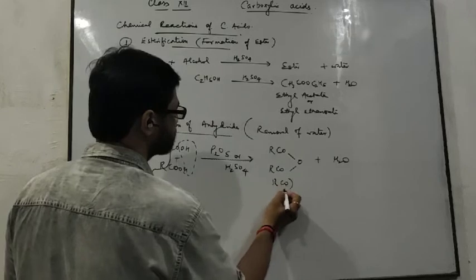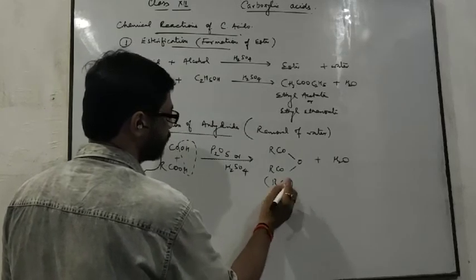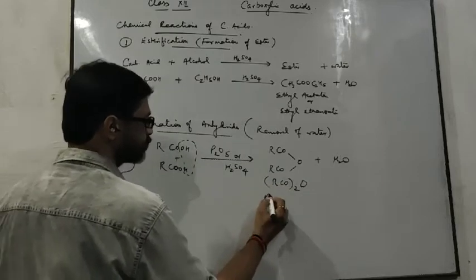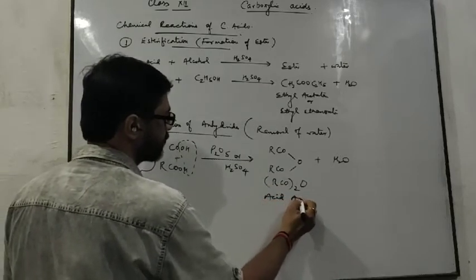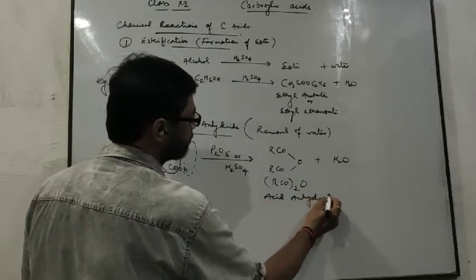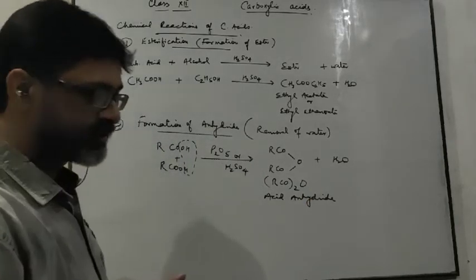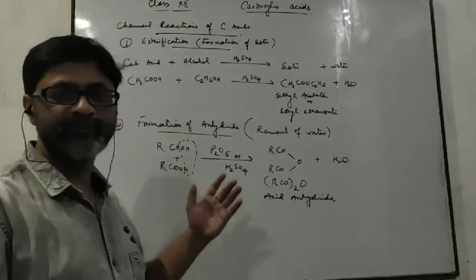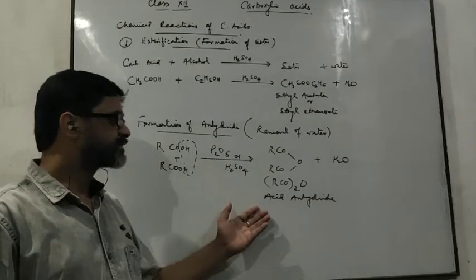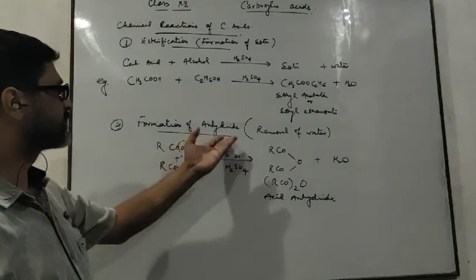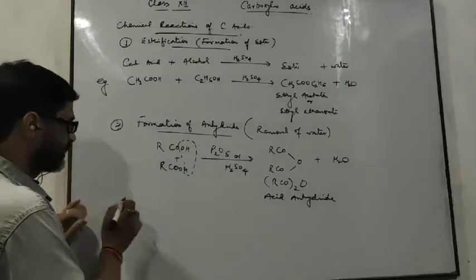You can write this formula in the form of this structure, RCO twice O. This is known as acid anhydride. Two molecules of carboxylic acids lose one molecule of water and form acid anhydride. This is called dehydration, or you can say formation of anhydride.